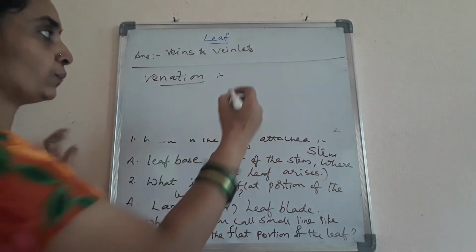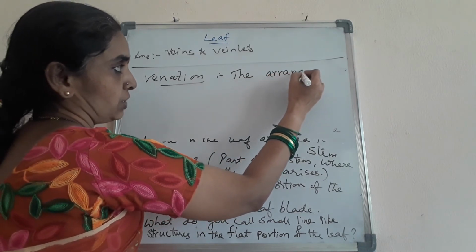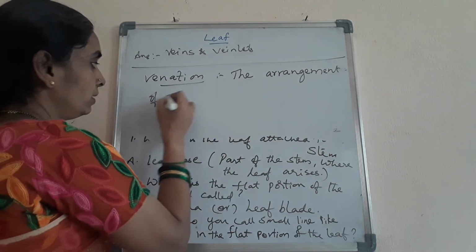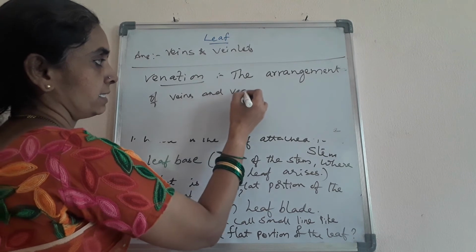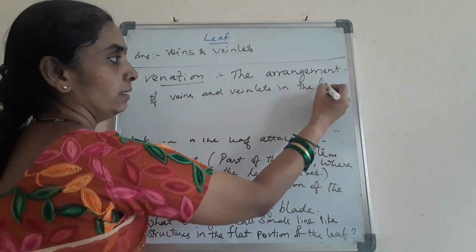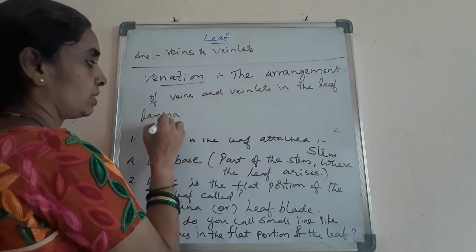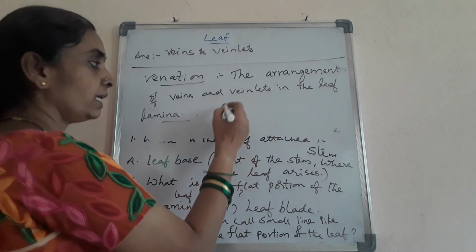So the arrangement of veins in the leaf lamina is called venation. What is venation, children? The arrangement of veins and veinlets in the leaf lamina is called venation. We can see that the venation forms the skeleton of the leaves.